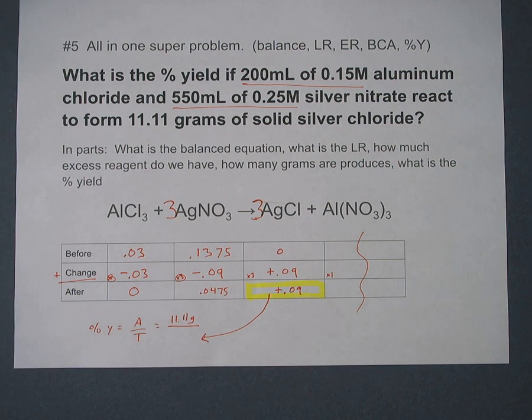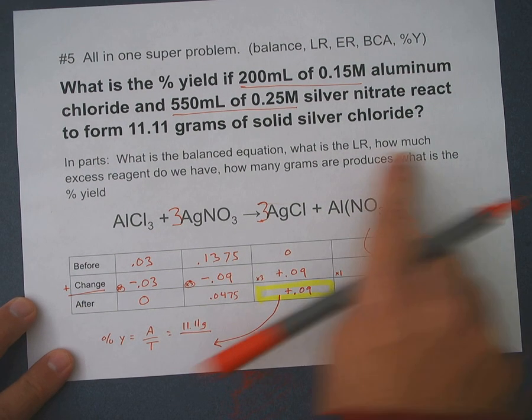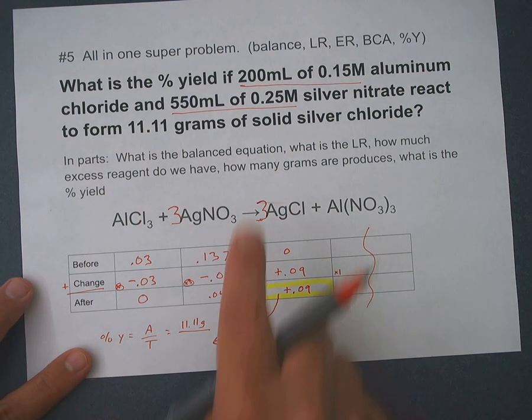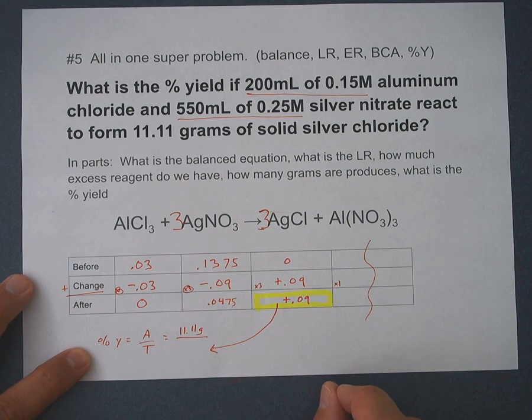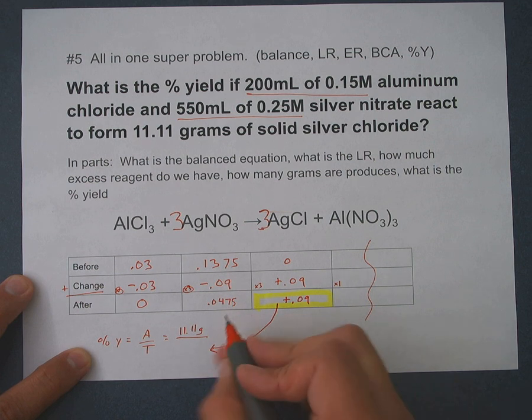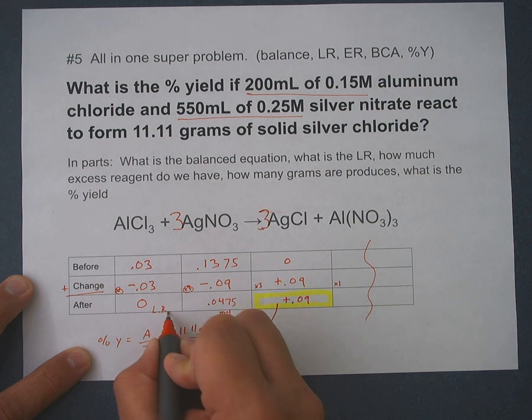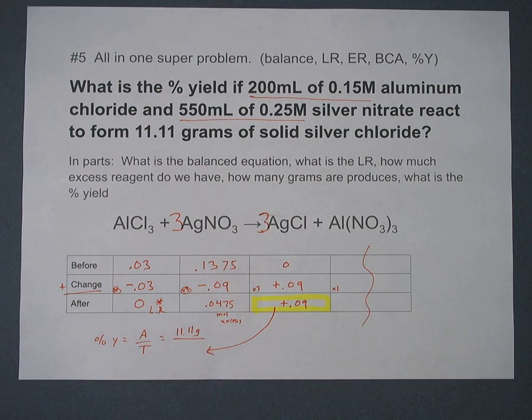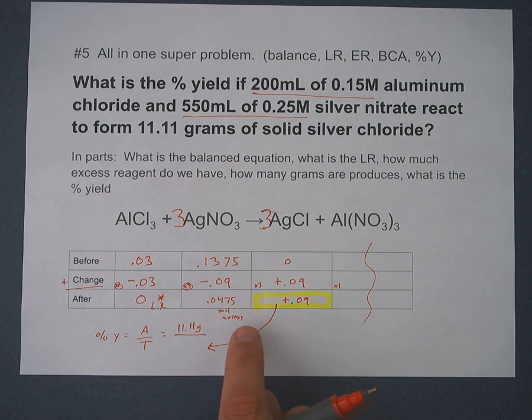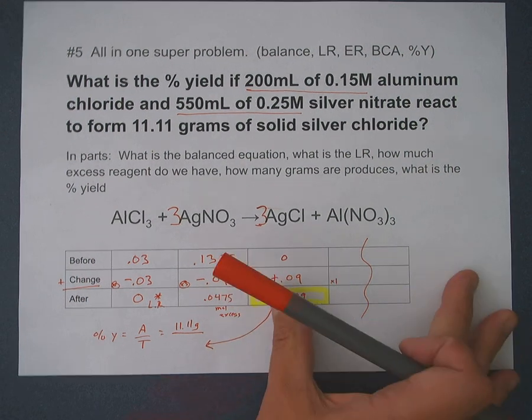A better teacher would have asked, I did kind of, how much excess reagent do we have? It's kind of in there in the second question. I forgot to put it in the first question, but this would be the moles of excess right here, right? And this would be our limiting reagent, I sometimes star. Okay, so we used up all the aluminum chloride, and we have 0.0475 moles of excess silver nitrate.